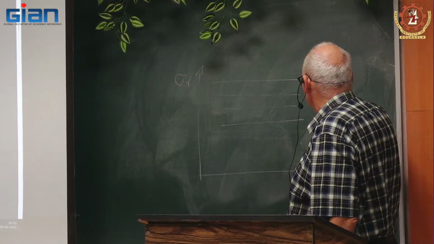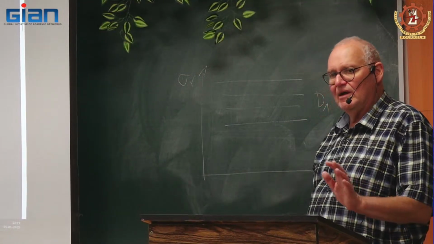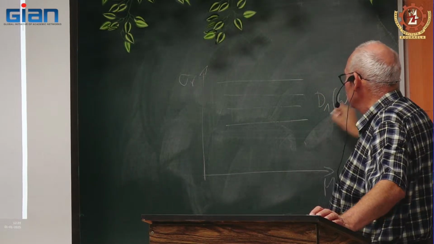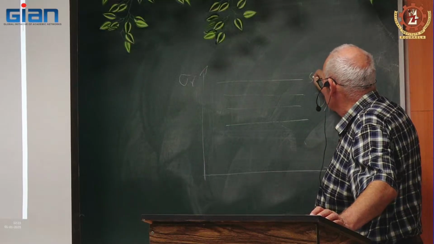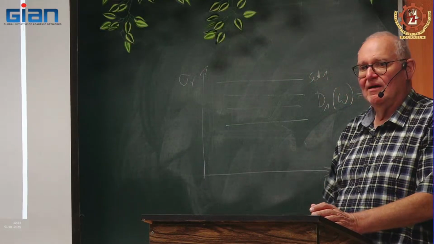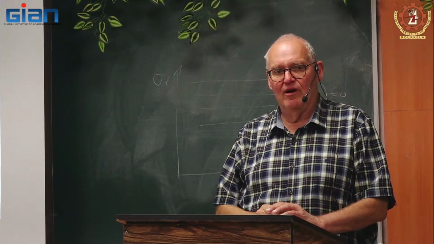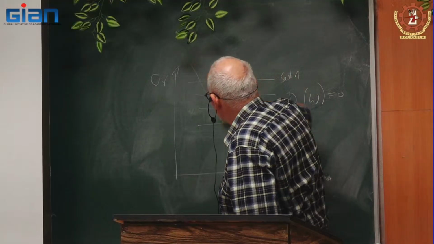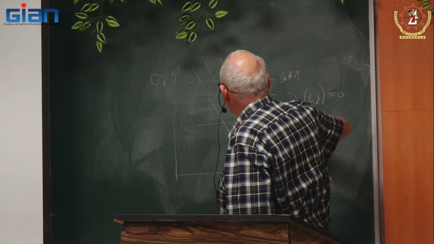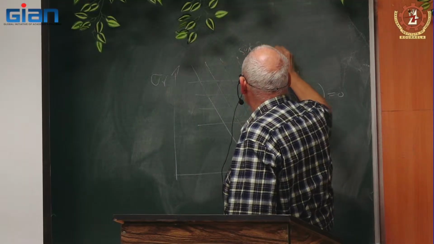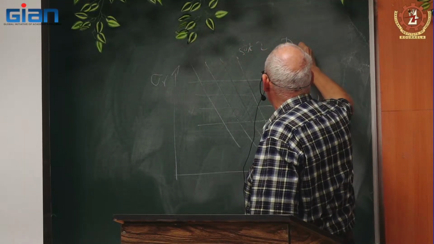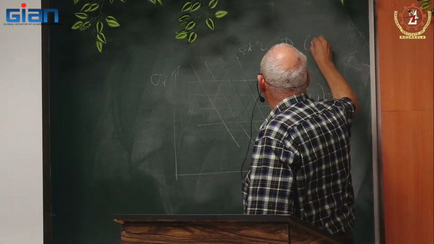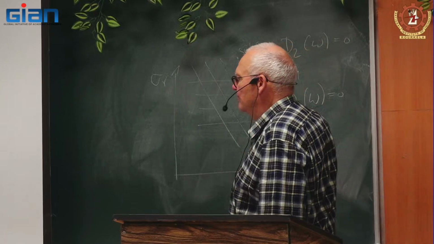Let them be described by a dispersion relation d1 of omega equal to 0. So this is the set 1 described by a dispersion relation d1 of omega. Then let's consider a second set of modes. This is set 2, and set 2 should be described by an independent dispersion relation d2 of omega equal to 0.